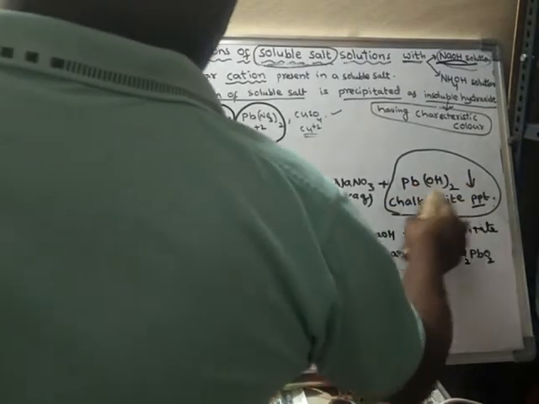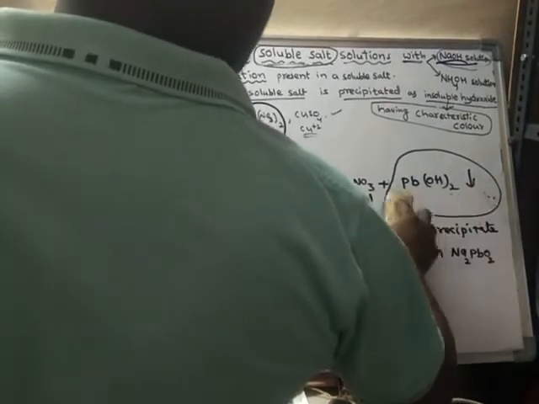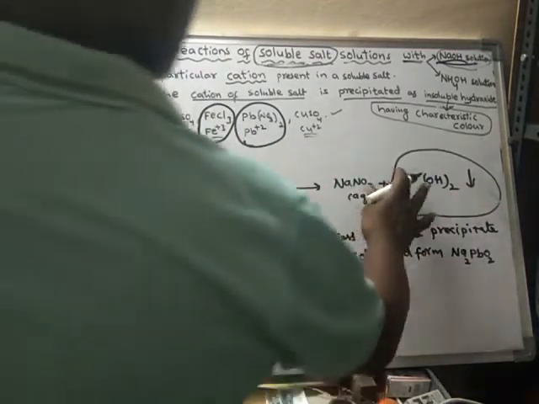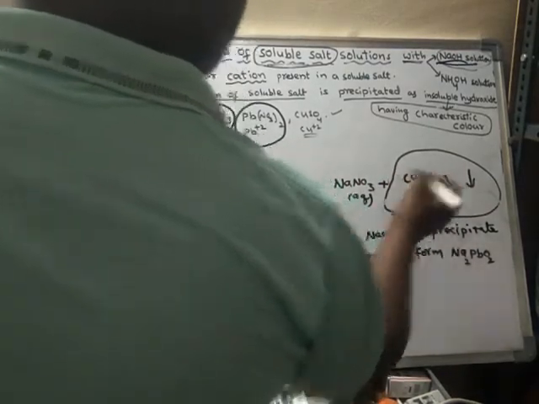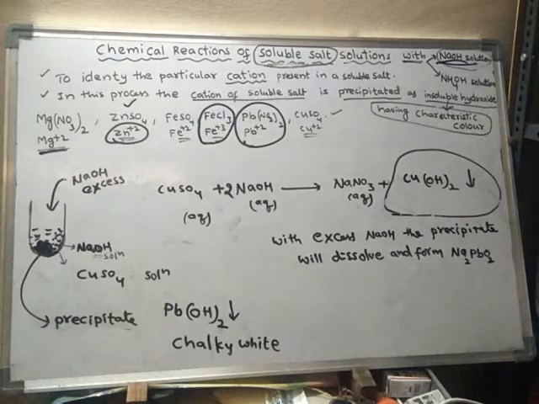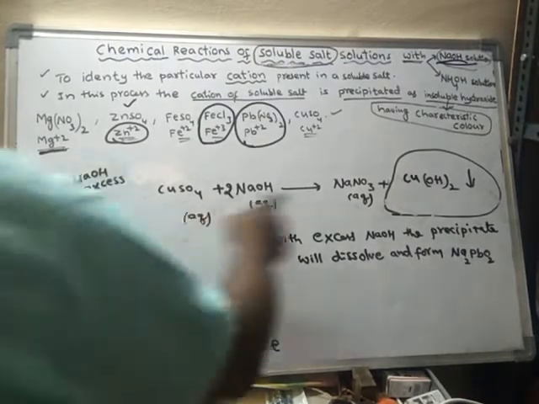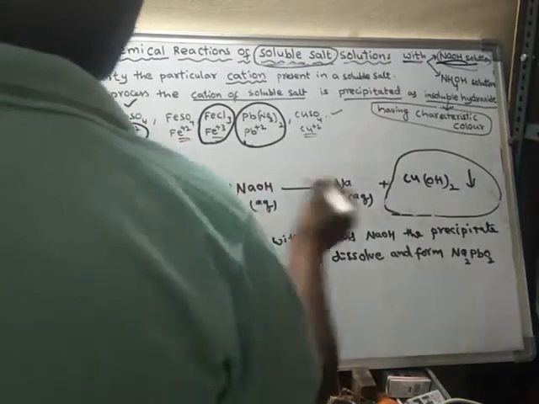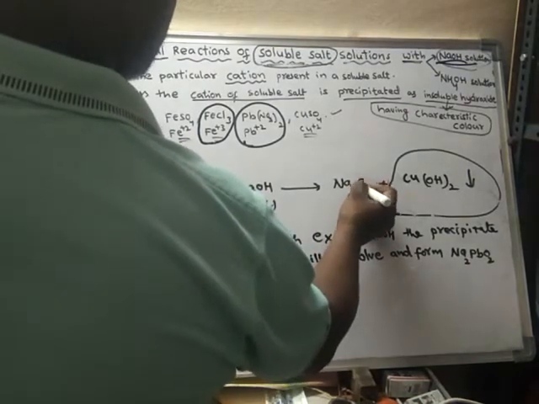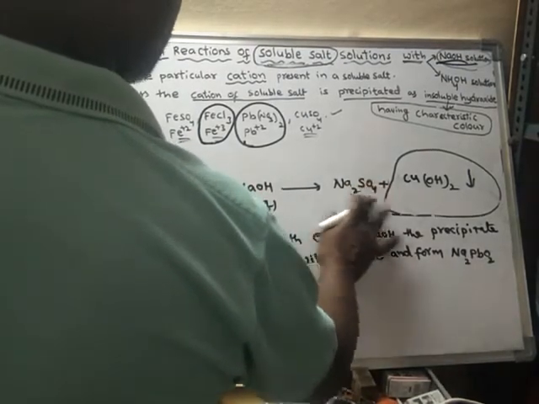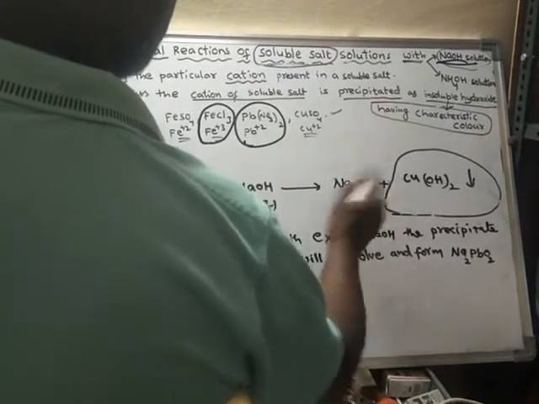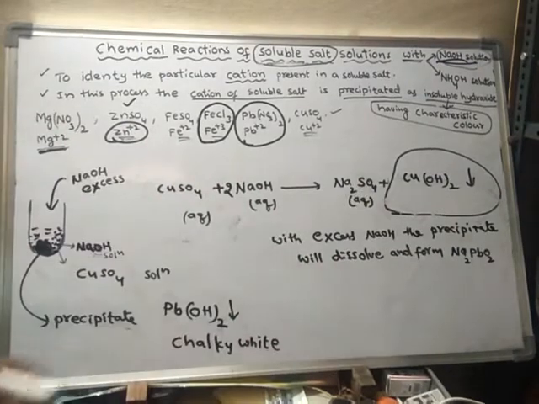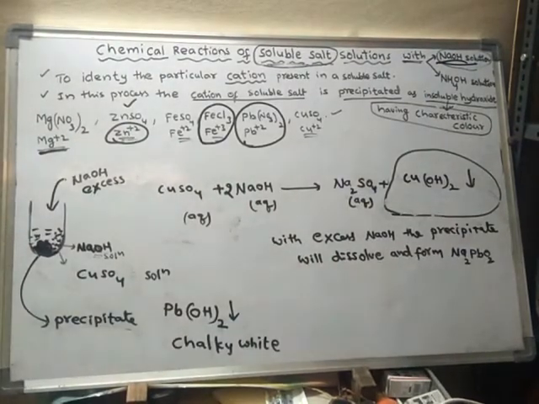It is an insoluble hydroxide, copper hydroxide. And what is the other substance formed? A soluble salt solution, Na2SO4, an aqueous solution of sodium sulfate is formed.